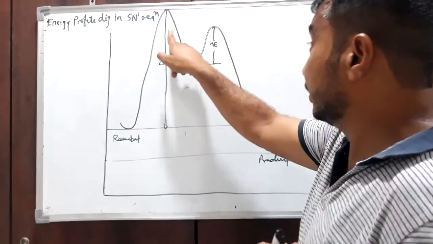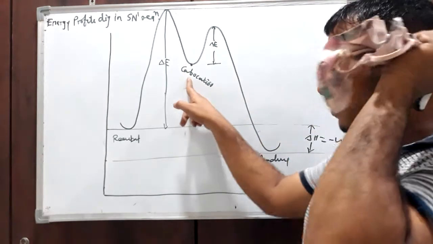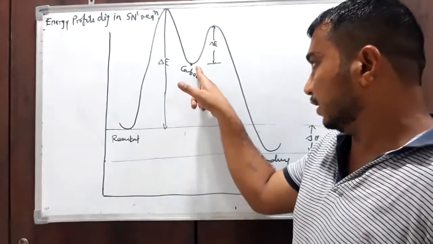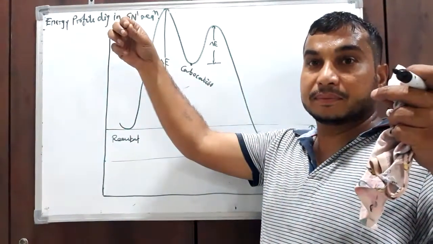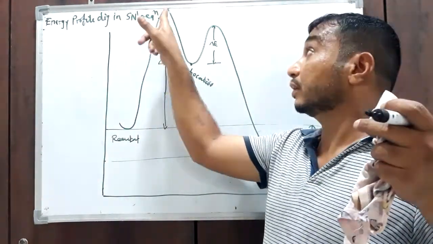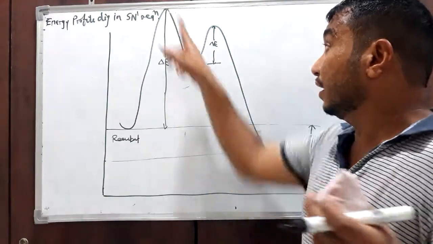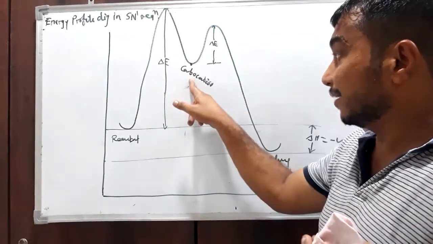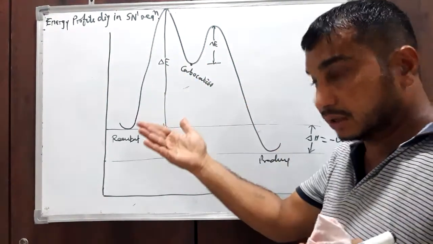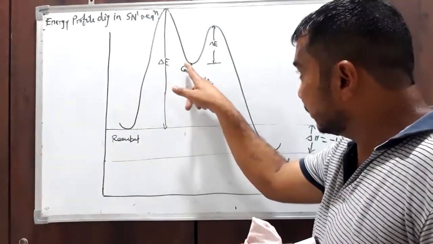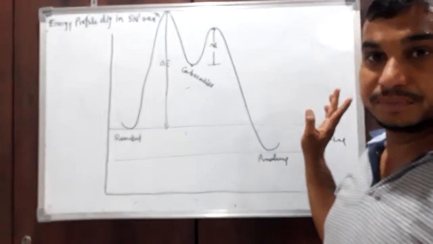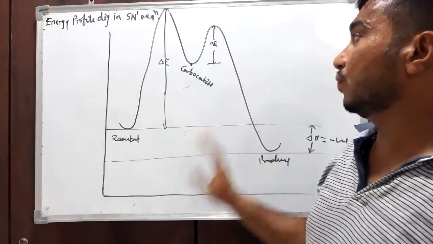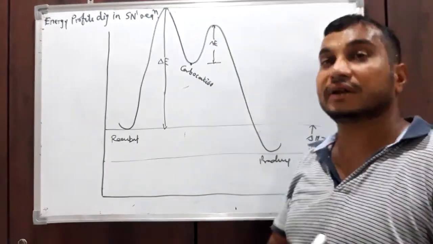After complete breaking you will get the carbocation, and that carbocation is somewhat stable. Therefore here is the transition state, before breaking of the C-Br bond, an extreme case. Then after breaking, the carbocation is more stable, therefore energy decreases, and then OH minus ion starts approaching and energy decreases again. So this is the energy profile diagram of the SN1 reaction.